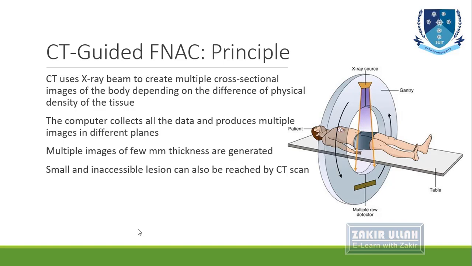So the computer collects all the data and produces multiple images in different planes. These images have a thickness of a very few millimeters. As we have seen, anybody who has seen a CT image knows that it contains multiple pictures of any specific area.